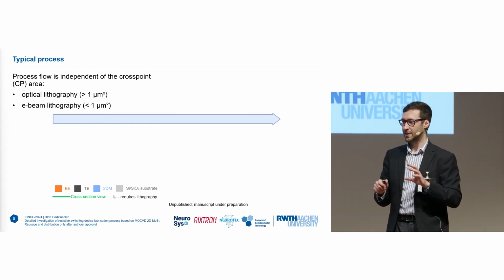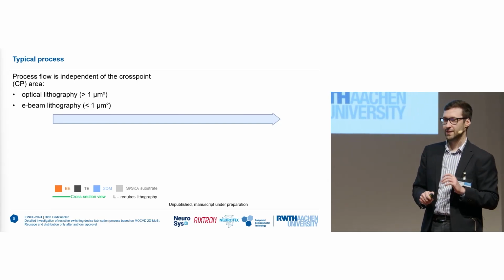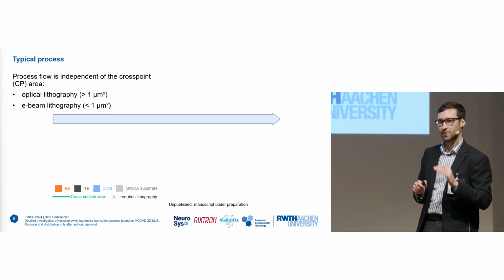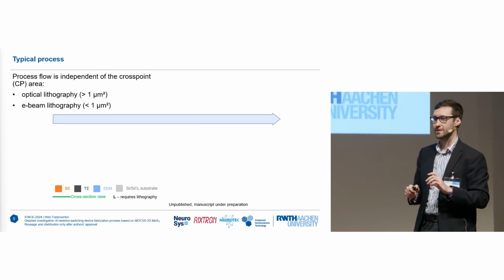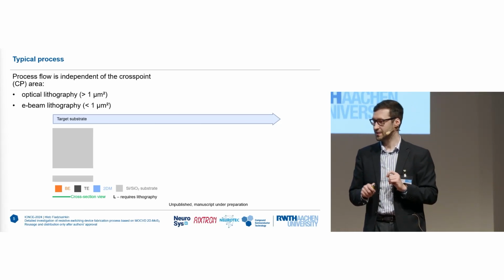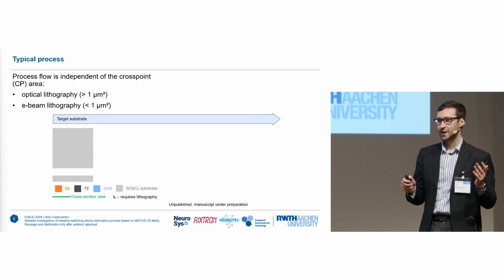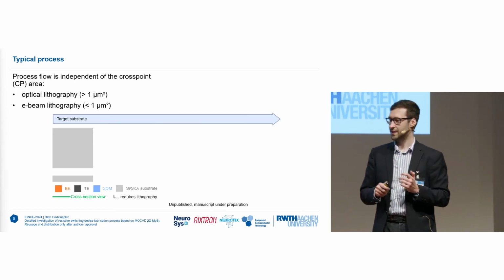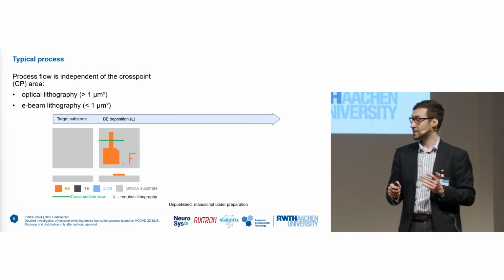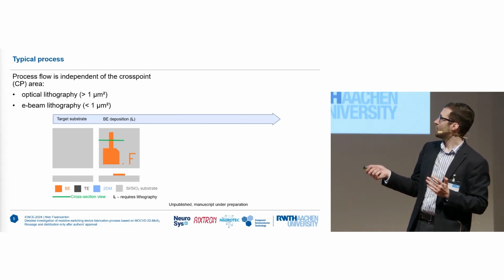Here I will not be distinguishing between the optical and e-beam lithography process samples, so basically the ones that are quite large and the ones that are small or scaled. The fabrication starts by preparing a target substrate, which is in this case a silicon oxide on silicon substrate. You can see the top view on the top and the cross-section view on the bottom.